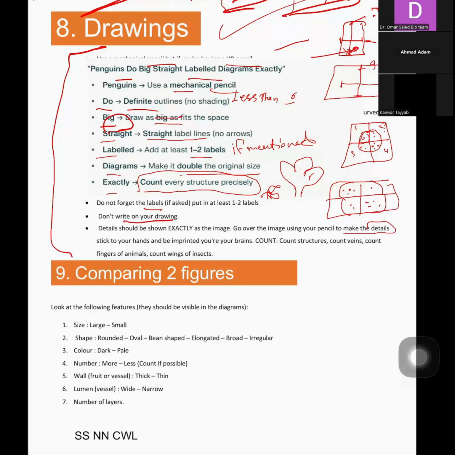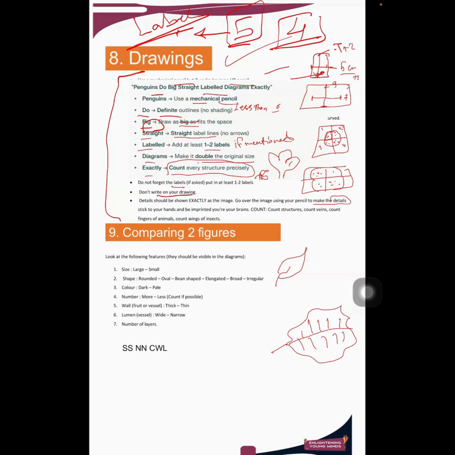For example, he gives you two leaves, a leaf like this and a leaf like this, and when he asks you to compare between two figures, you go for this method. What does this method say? SSNN cell wall.